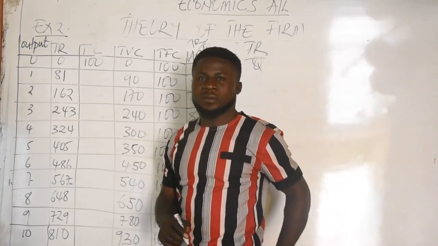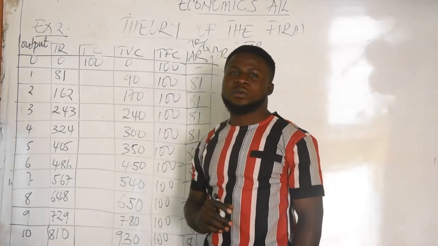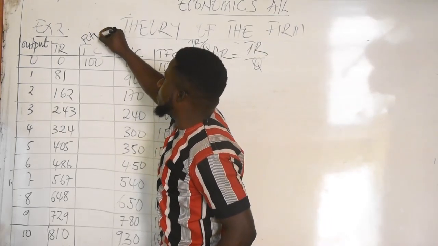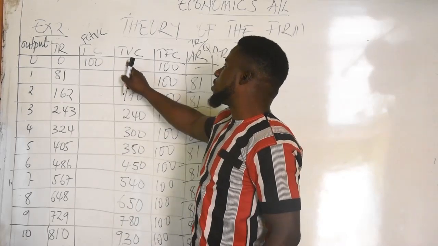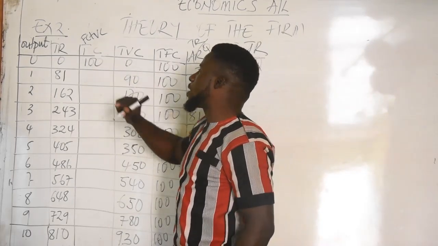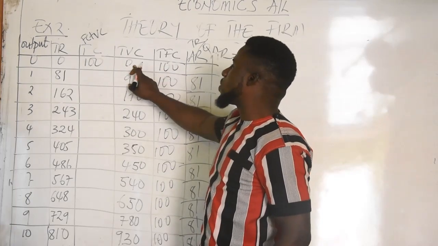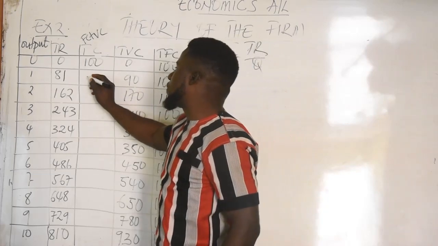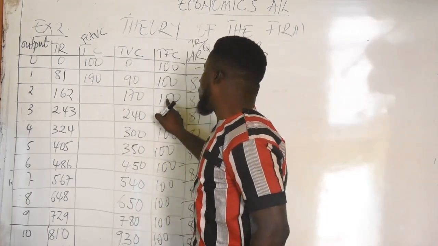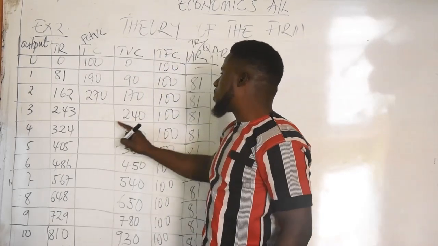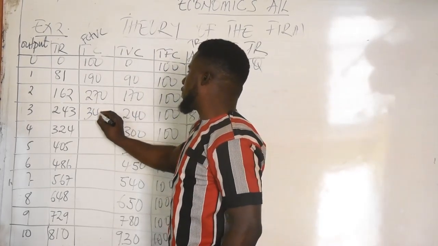So we copy that. You see, we can easily get our total cost now. We know that total cost is the combination of fixed cost and variable cost. So we will be summing fixed cost and variable cost to get total cost. We have 100 plus 0, it gives us 100. 100 plus 90, we have 190. 100 plus 170, 270. 100 plus 240, 340.